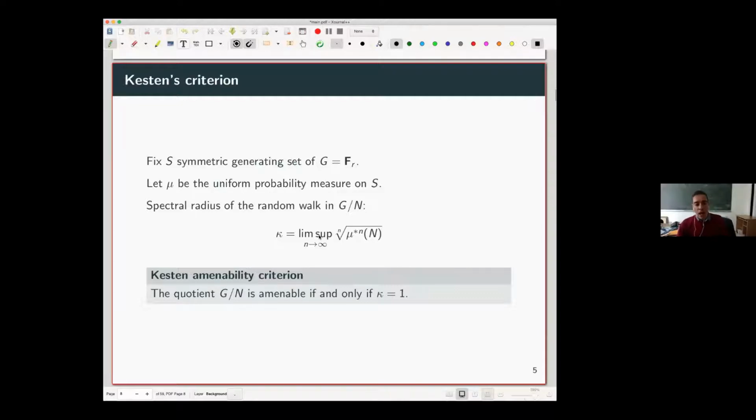Asymptotically, what is the probability that after n steps you come back to the identity, if you think in the quotient group?